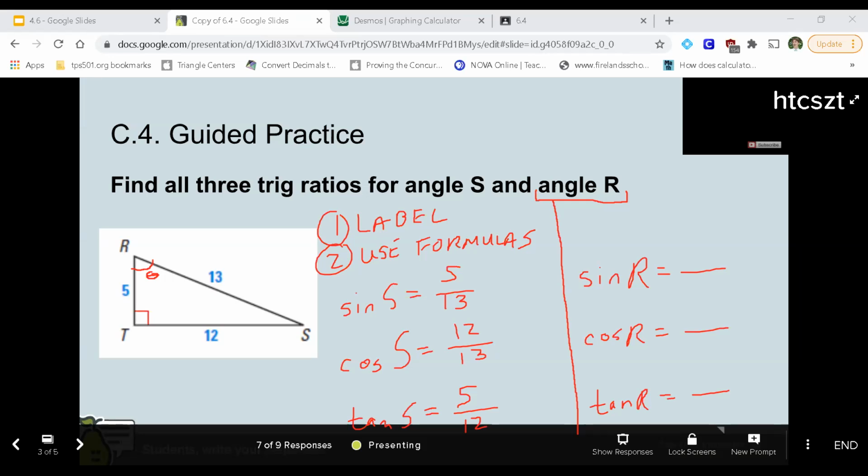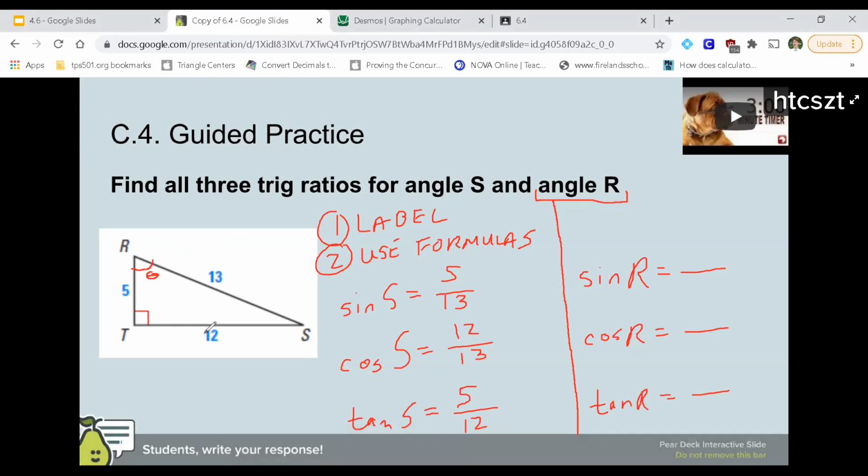All right, Xavier, which one's opposite the angle R? Yeah, that's right. This one right here. And then which one's the hypotenuse?